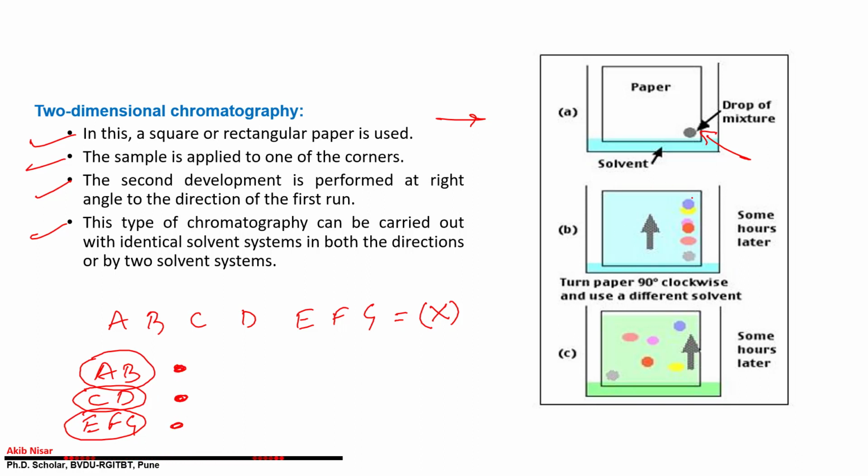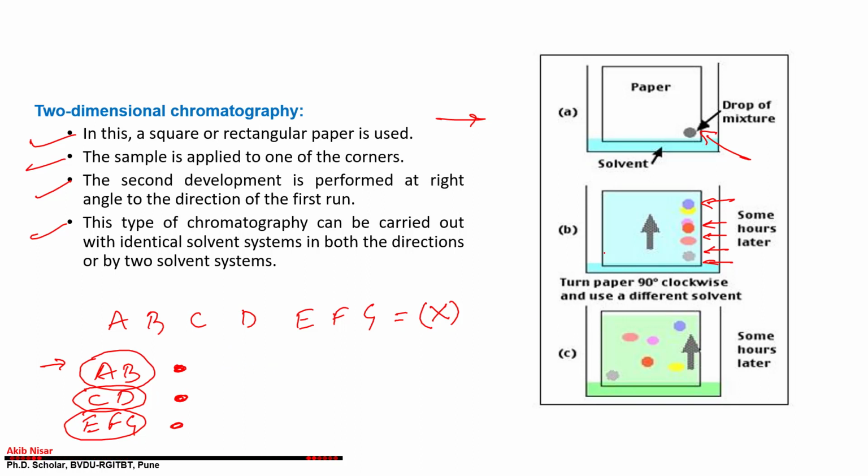Like in the figure, some hours later some of the solids are separated, but with this technique A and B have no tendency to separate. They both have the same affinity for the mobile phase, so they can't be separated. But CD has a different affinity from AB, so it is separated, and the same applies to EFG. Now you have to run your paper again.